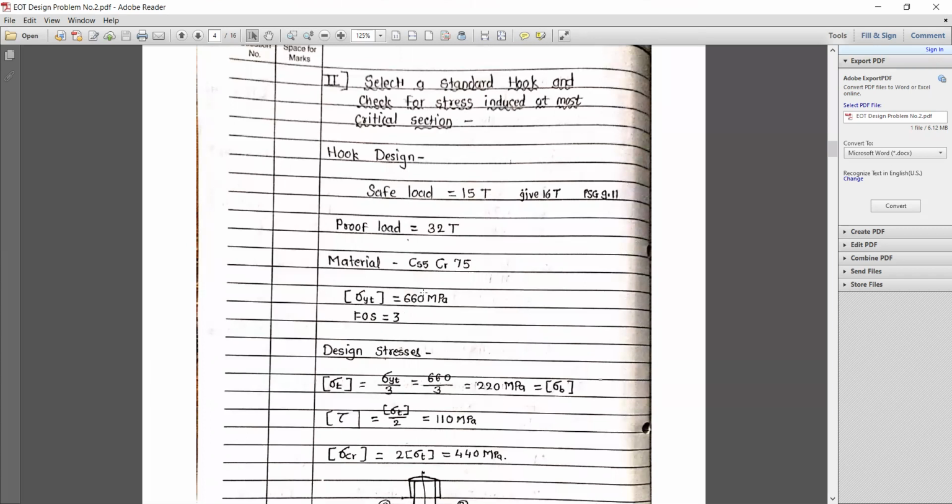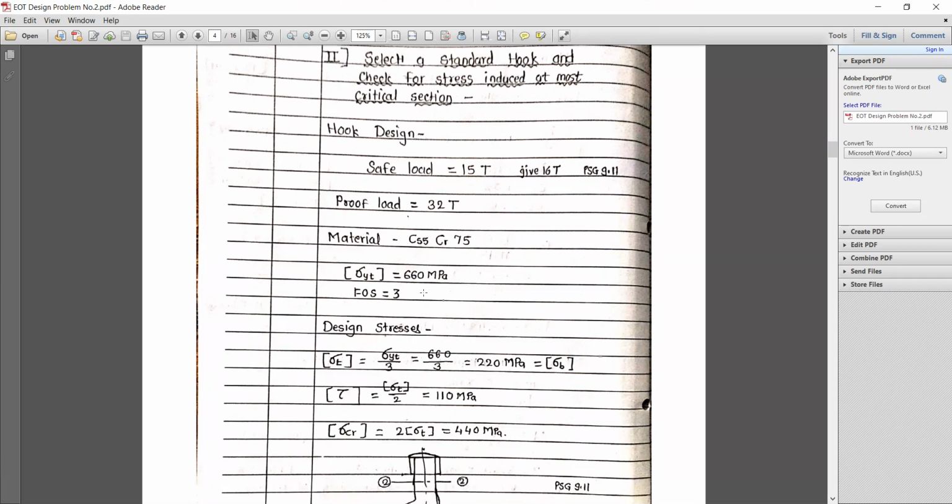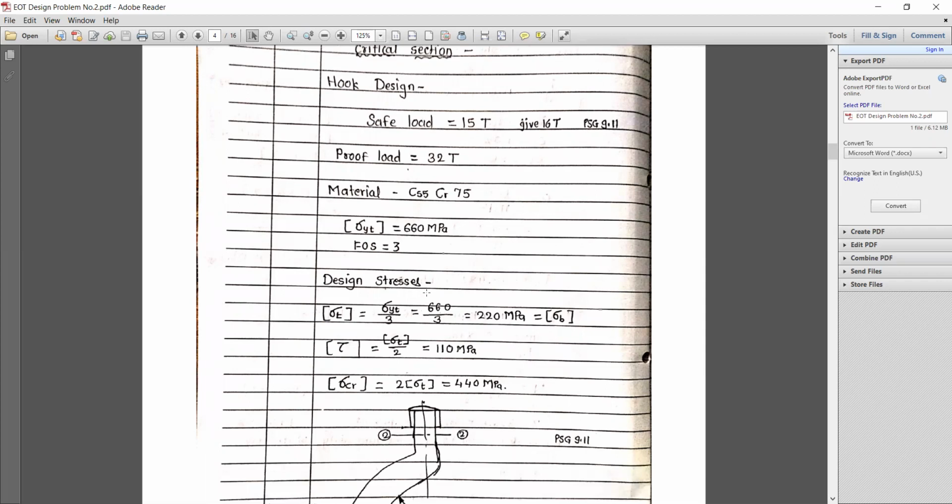Now next one, selecting the standard hook and checking it for induced stresses at the most critical sections. Okay, so next we are designing a hook. For the hook, we are considering the safe load, which is already given, 15 ton, and we are considering 16 ton.